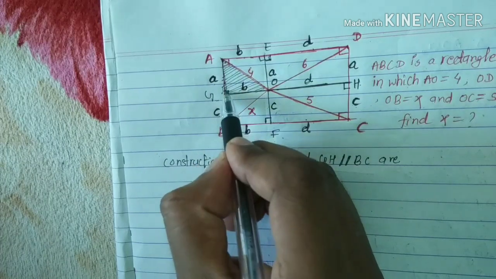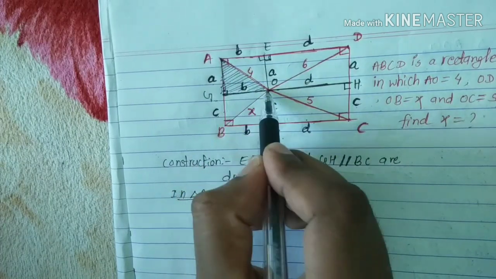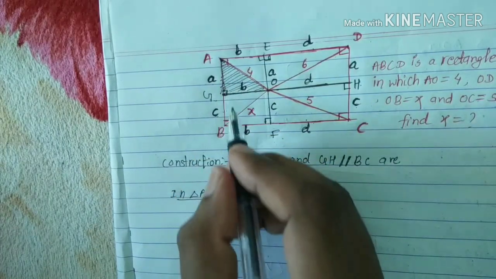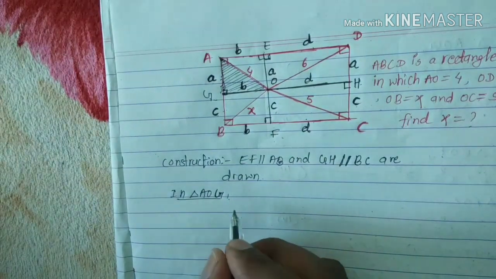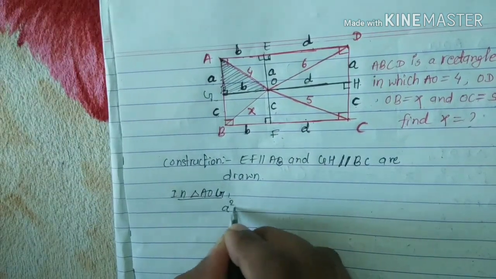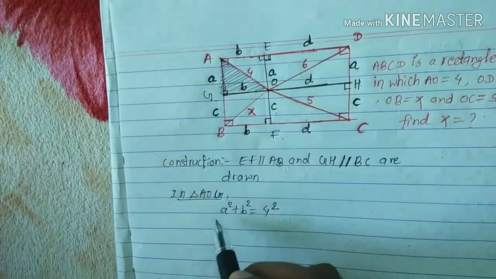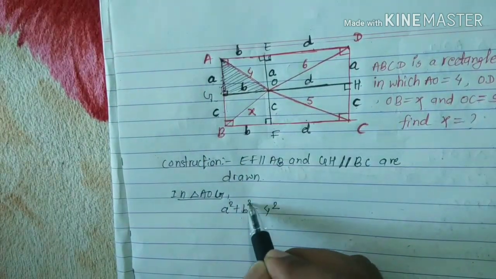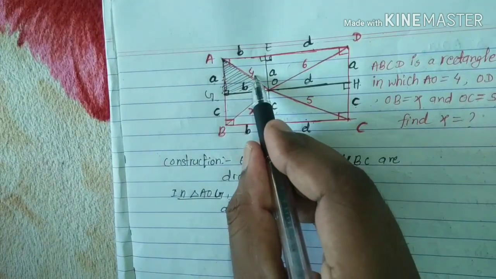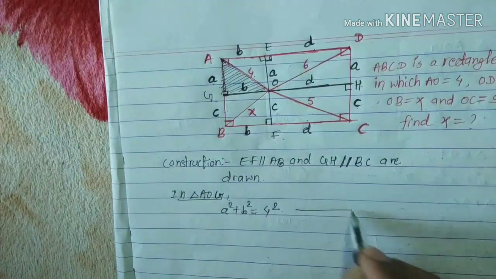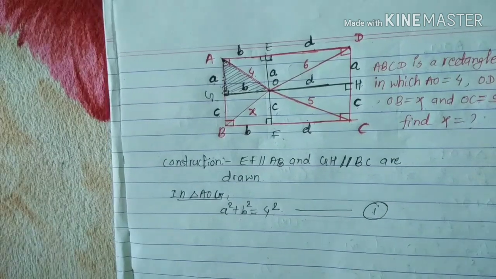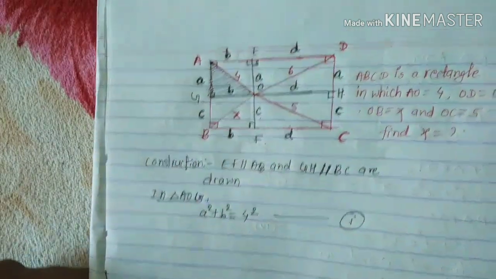So perpendicular squared plus base squared is equal to hypotenuse squared. We can use the Pythagoras theorem here and get the relation: a squared plus b squared is equal to 4 squared. Perpendicular means a, base means b, and hypotenuse is 4. This is our first equation.